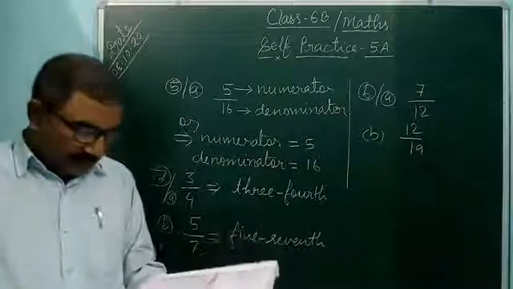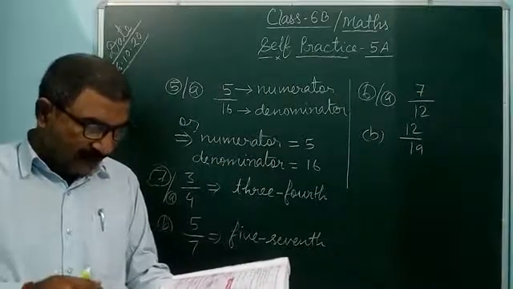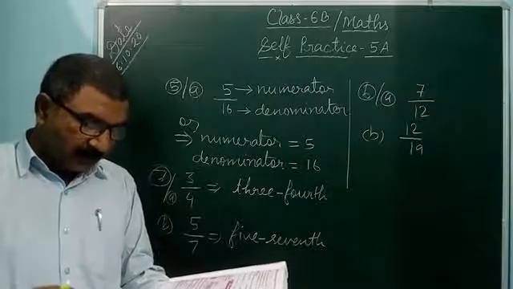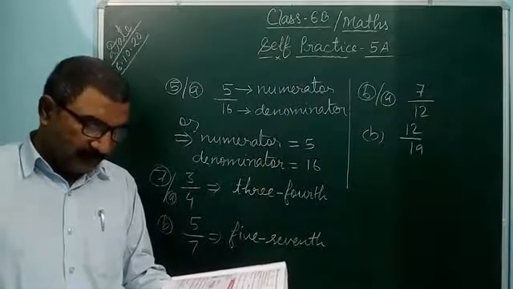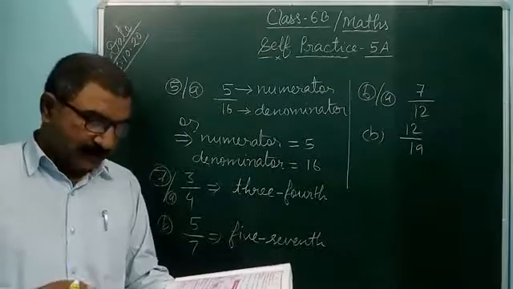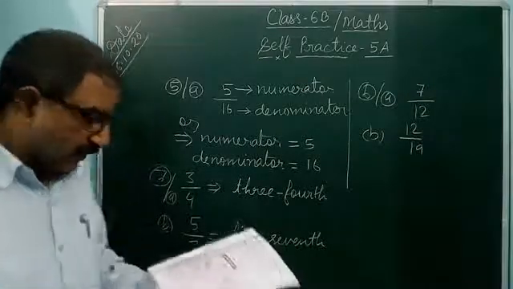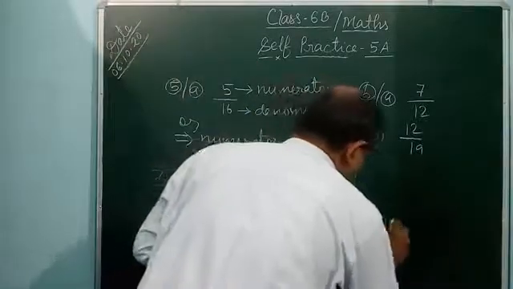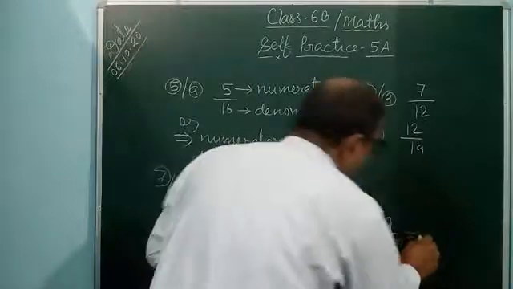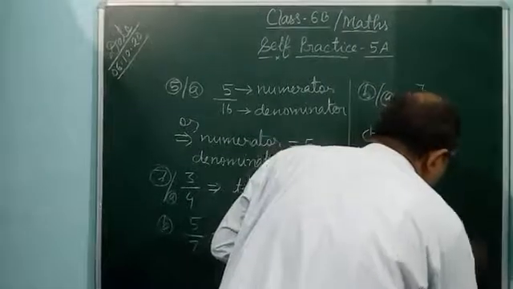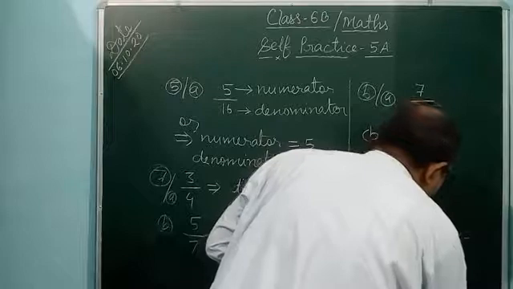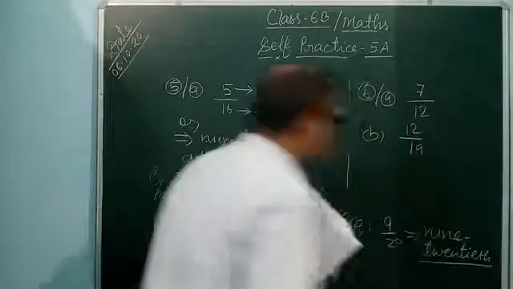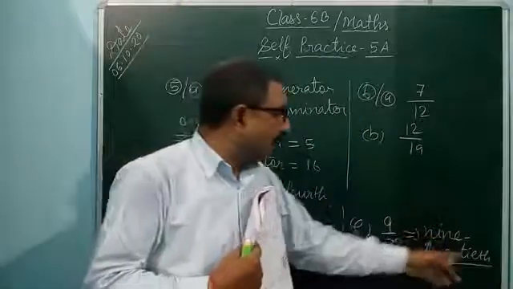After that, 8/11. 8 by 11. 8/11. D. 12 by 15. 12/15. E. 9 by 20. 9/20. 9 by 20, you can write 9/20.